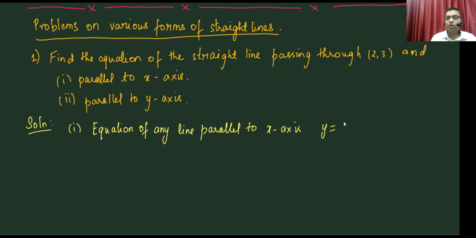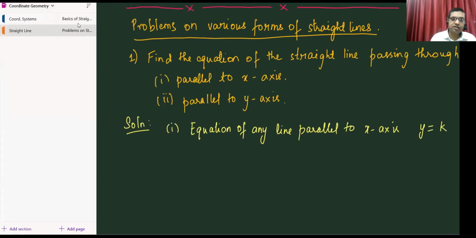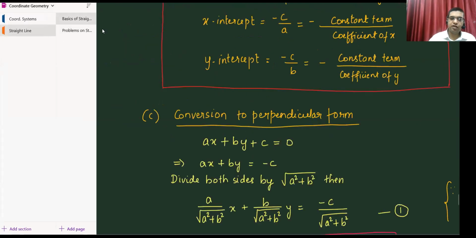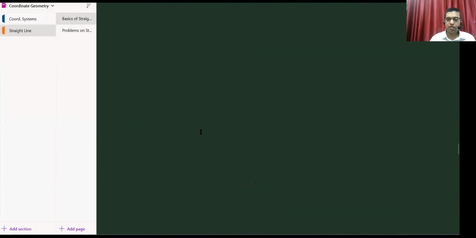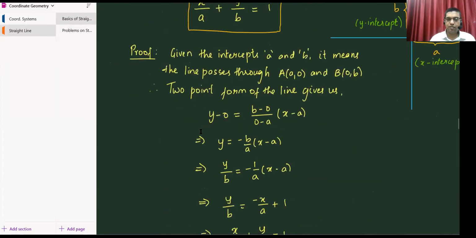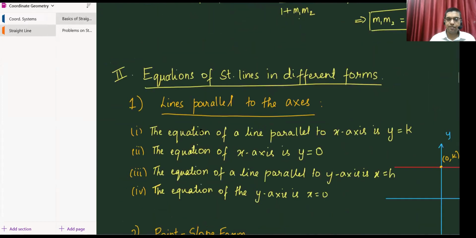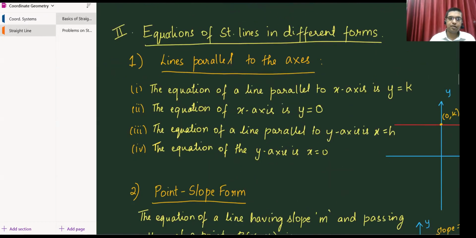It is y equal to k. All right, that's what we discussed. Equation of a line parallel to x-axis is y equal to k.